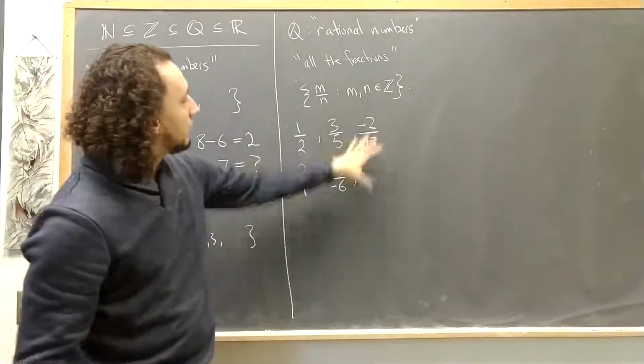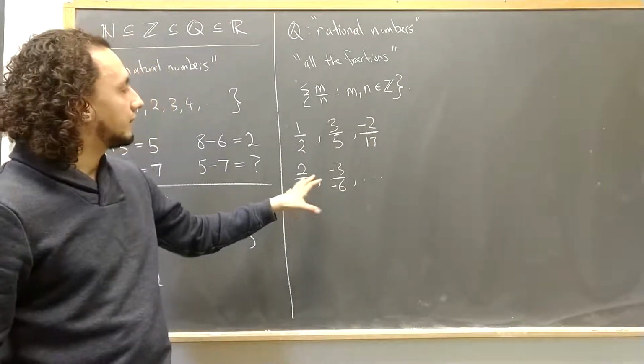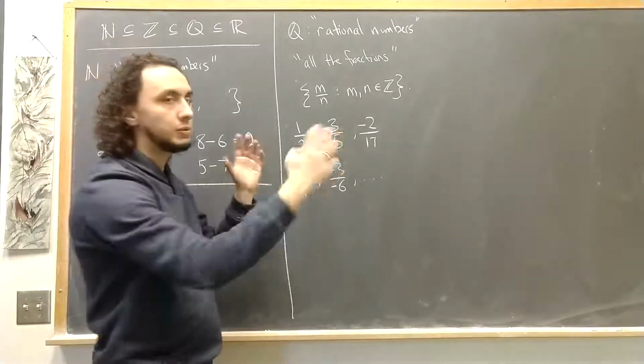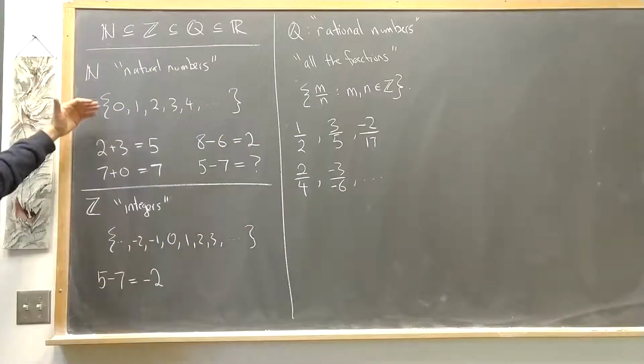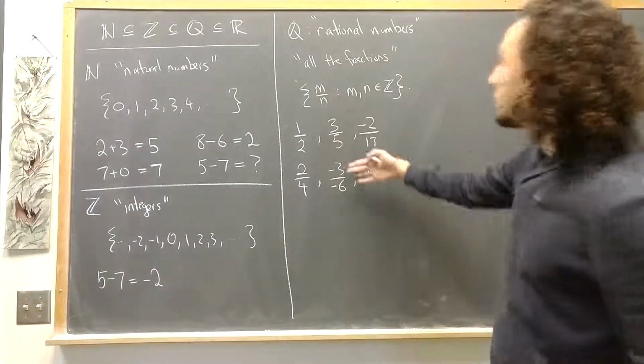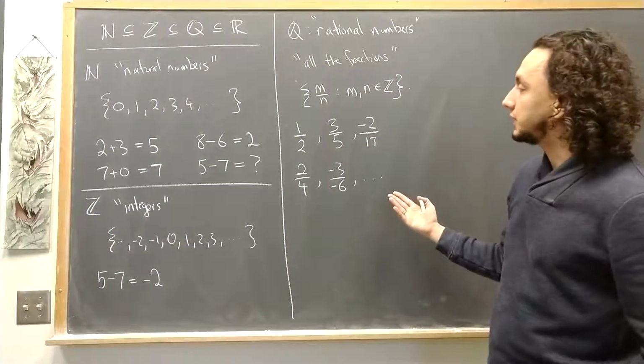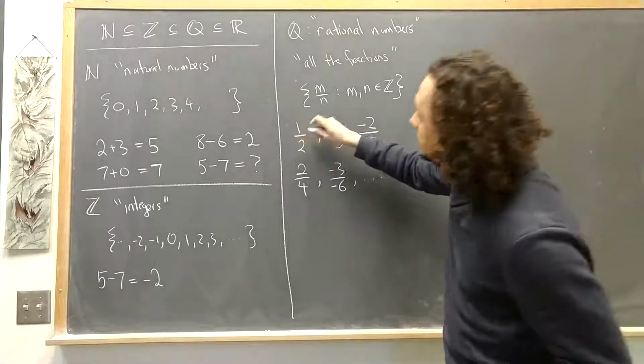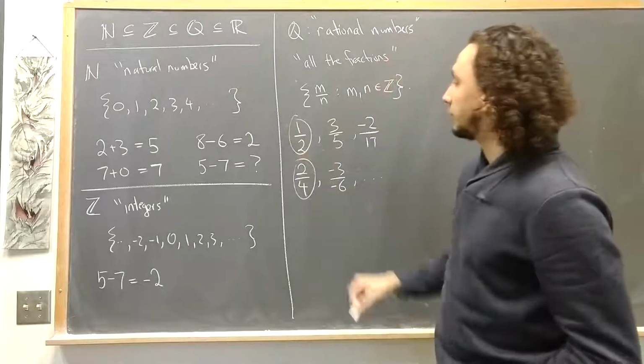Now the way that I write down fractions suddenly has this new property that we didn't have before for the natural numbers and the integers, which is that, like I was just saying, there's more than one way of writing down the same fraction, right? I want to treat these 2 guys as being equal.